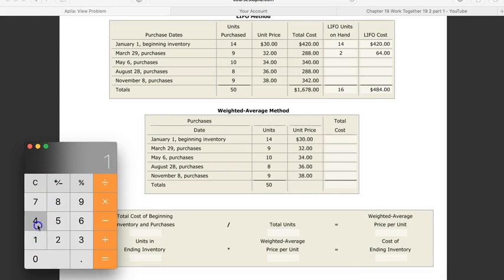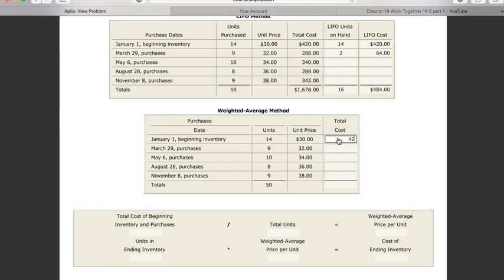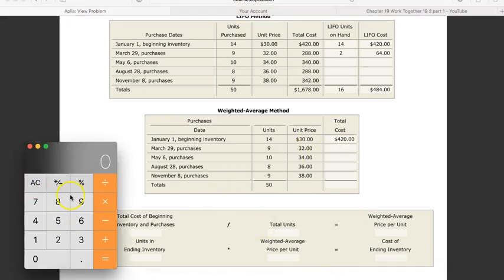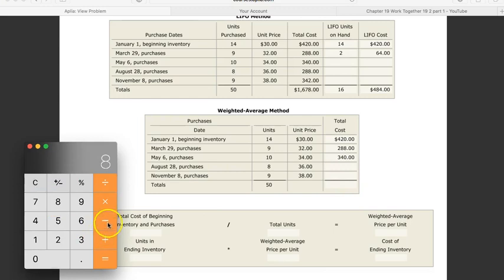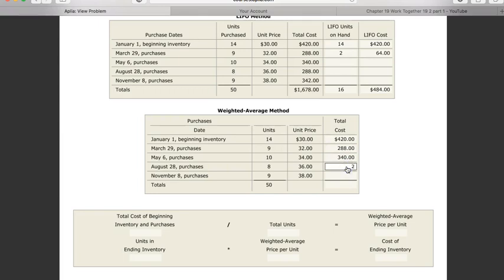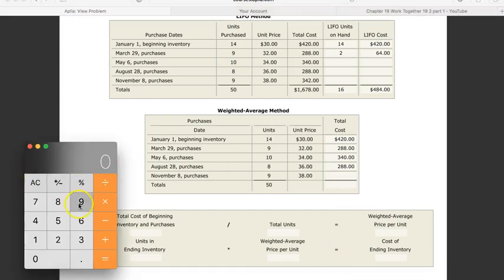So 14 times 30 is 420. 9 times 32 is 288. 10 times 34 is 340. 8 times 36 is 288. And then finally 9 times 38 is 342.